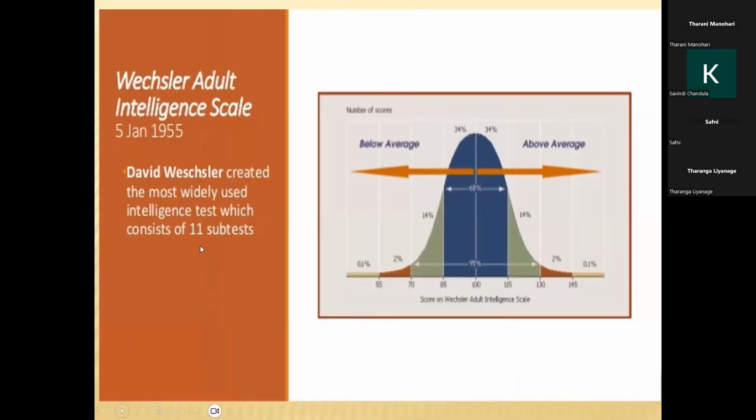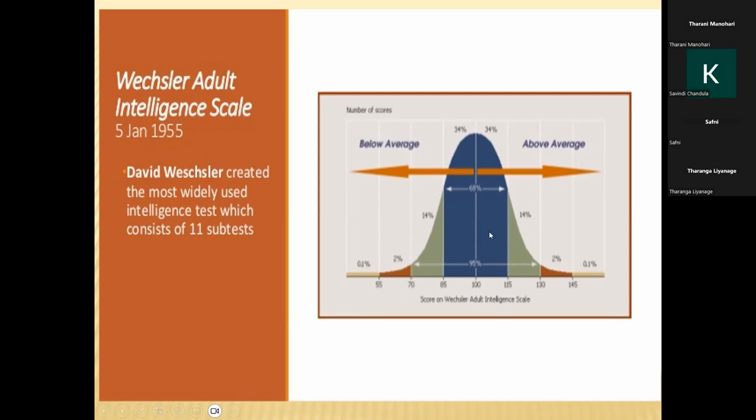Look at this one. David Wechsler created the most widely used intelligence test, which consists of 11 subtests. You can see this. So 100 is taken as the average. That's Wechsler's scale, right? To the left of that, we have below average, and to the right, we have above average.